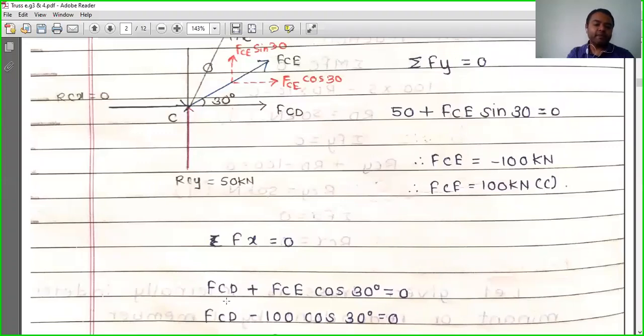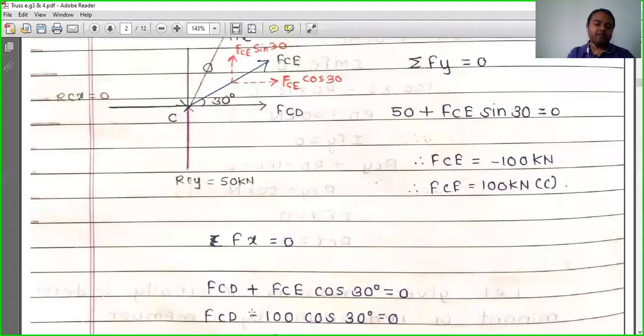Next step, just put the value of FCE. While putting the value of FCE, we have to put the value whichever we got first. So first of all, here we have got FCE as minus 100. So put this value of FCE as it is, that is, put minus 100.